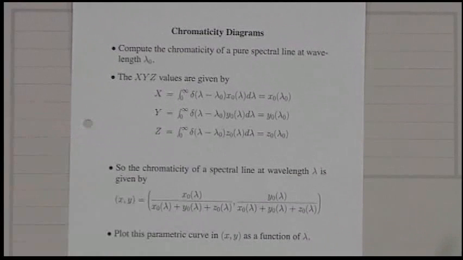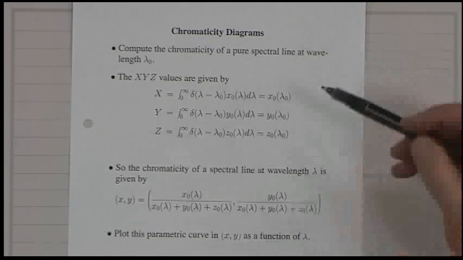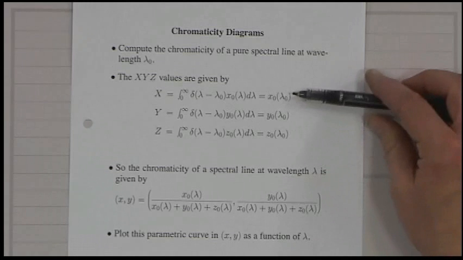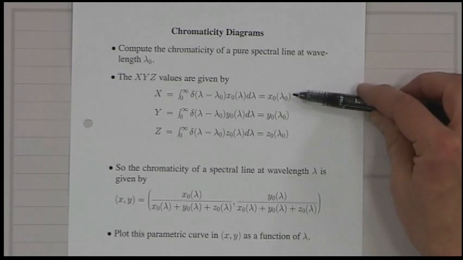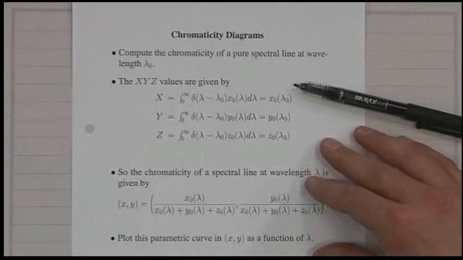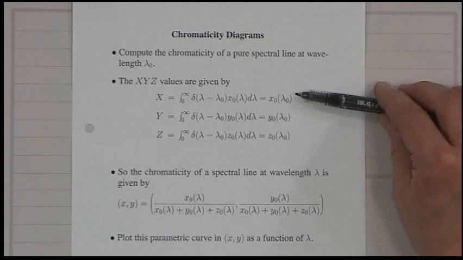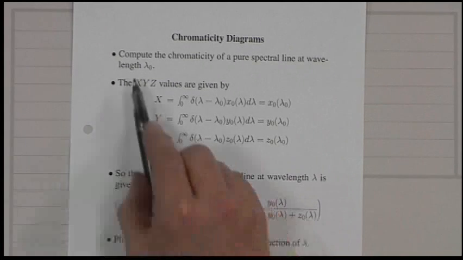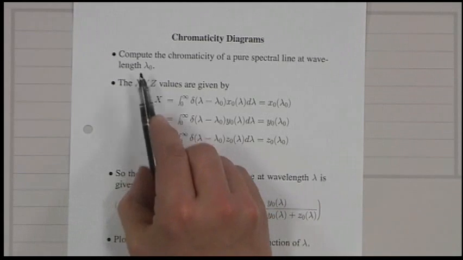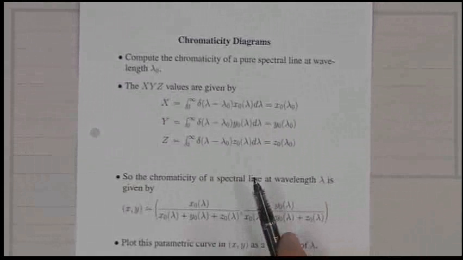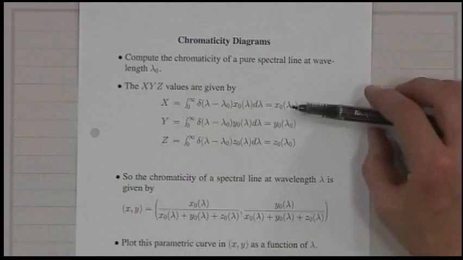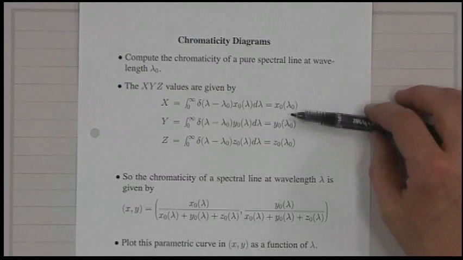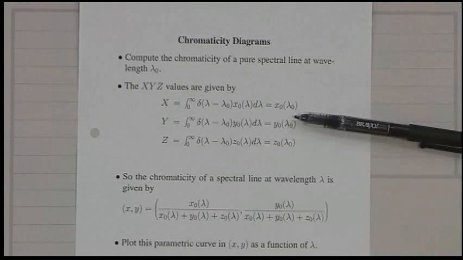Now keep those thoughts clearly in your head. Now let's remember what XYZ is. XYZ is the inner product of the color matching function with the spectrum. So if I have just a single spectral component at wavelength lambda 0, then the XYZ values I get are just the actual color matching functions evaluated at that value of lambda 0.